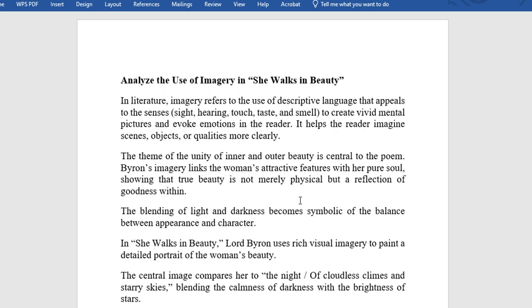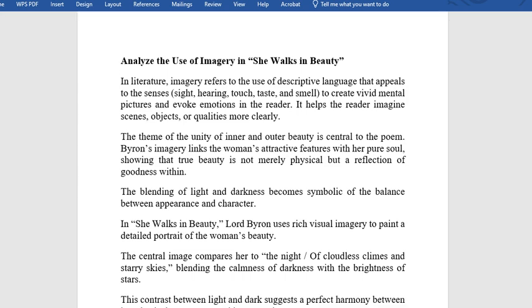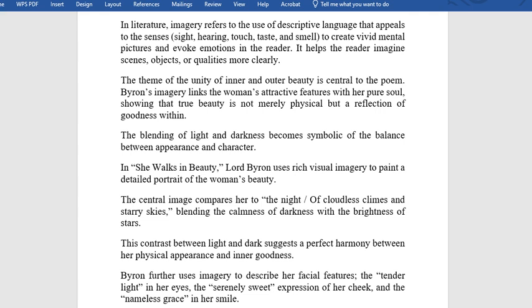The theme of the unity of inner and outer beauty is central to the poem. Byron's imagery links the woman's attractive features with her pure soul, showing that true beauty is not merely physical, but a reflection of goodness within.